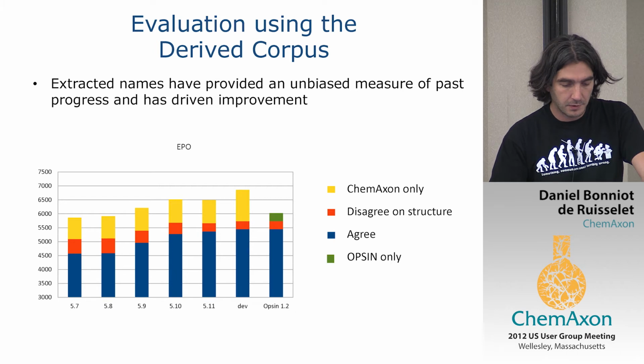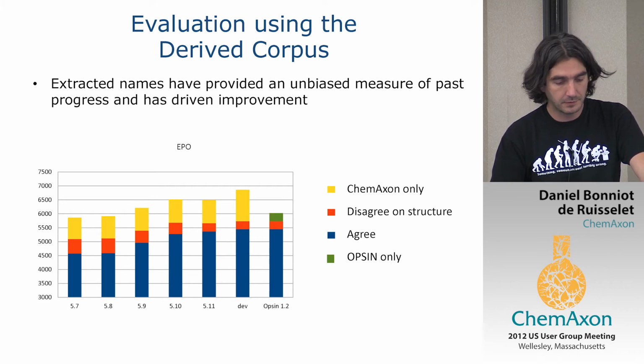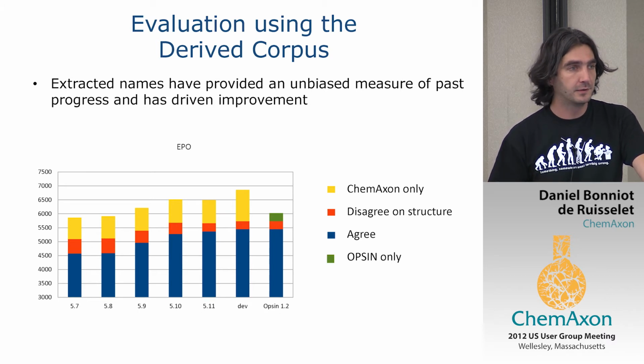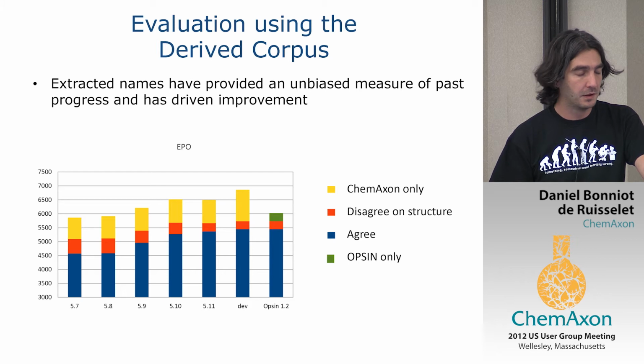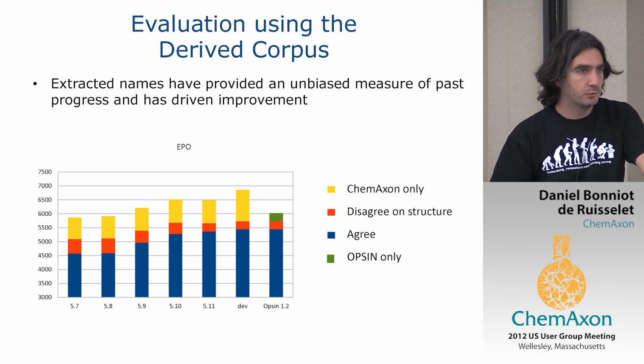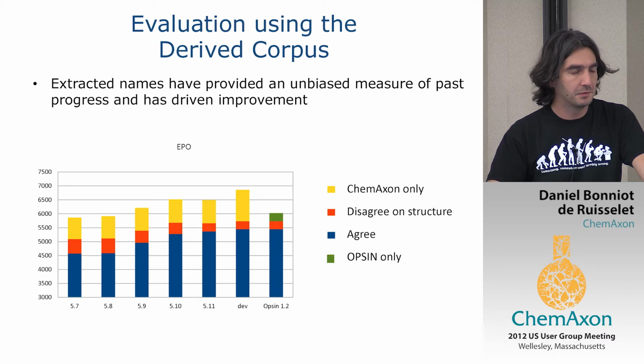And so here, what you see, through the releases of the ChemAxon software, in blue, are those cases where we generate exactly the same structure as OPSIN. I must mention that we start at 3,000, so there are more. Obviously, there are lots of names which are not that hard, and so we can generate the correct structure without problem.